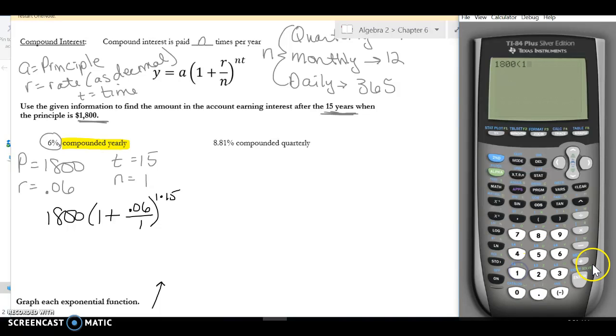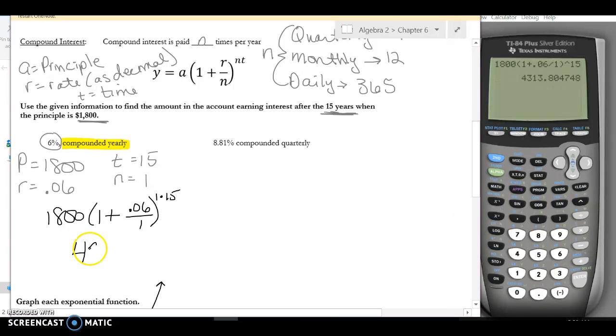Okay, so 1 plus 0.06 divided by 1 raised to the power of 1 times 15. And so that's just 15. So I'm going to do that little bit of math there. And then I hit enter. And so after 15 years, my new amount of money is $4,013.80. So that's how much money would be in the account after that many years at that percent interest.